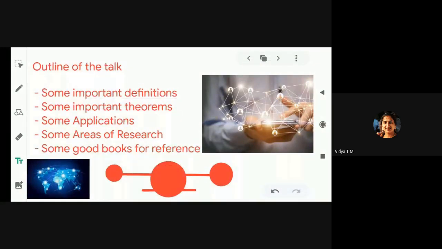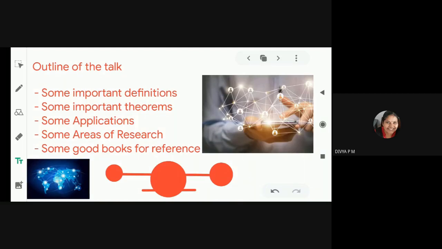I'll be giving some important definitions in graph theory because for the fifth semester students, this is a newly introduced subject. Therefore, I have to give some time for describing the terminologies first. Then some important theorems will be mentioned. Proofs will not be dealt with. Then after that, I'll deal with some applications, as I said.